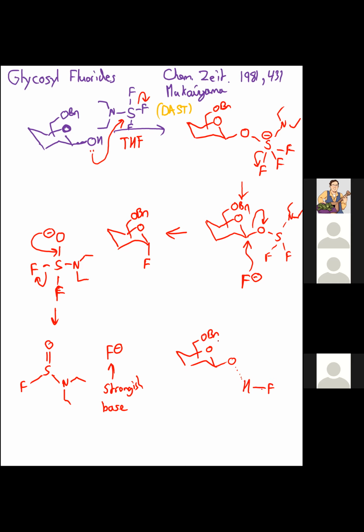It's something more like this. I'm going to draw this as an ion pair. That fluorine is going to associate with that hydrogen, making that oxygen negative. And we know that O minus beta is better.